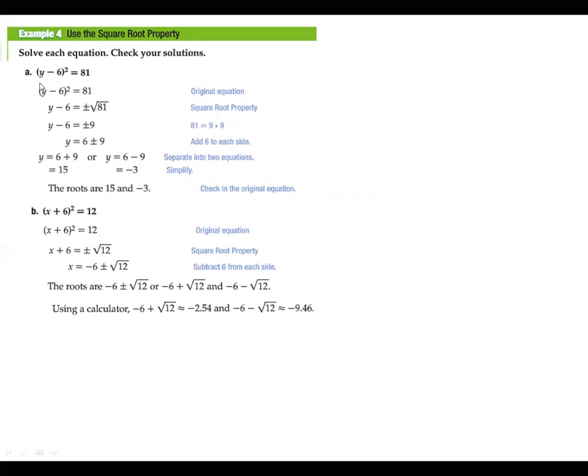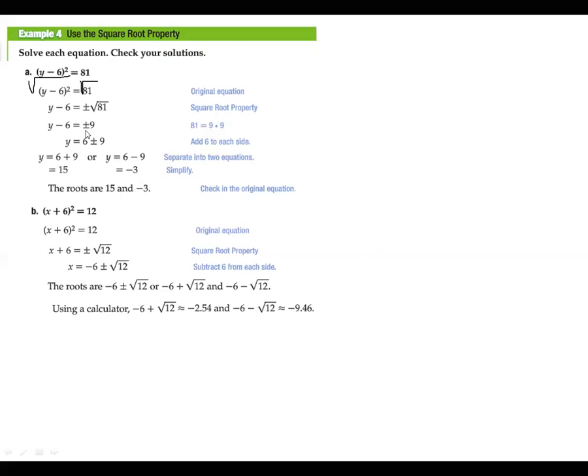If I have y minus 6 quantity squared equals 81, notice it's something squared equals a perfect square. If I take the square root of both sides, the square root of y minus 6 squared is just y minus 6. Square root of 81 is plus or minus 9.